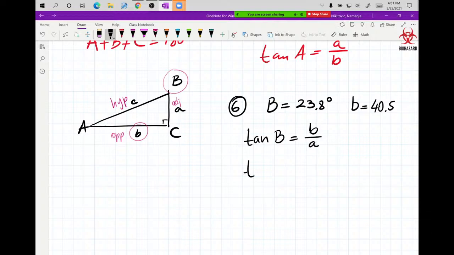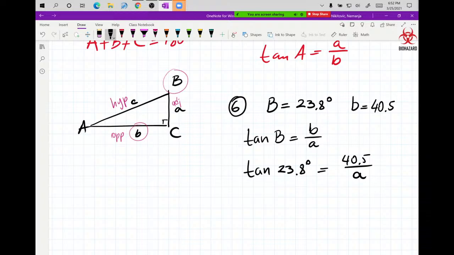And I have values for this. And you can see that I can calculate the length of side A when I solve this equation.